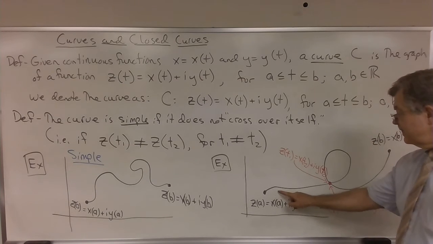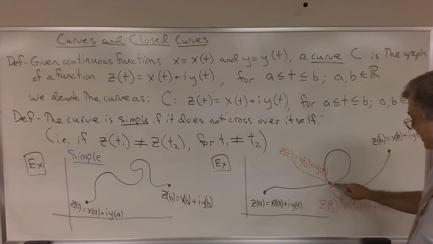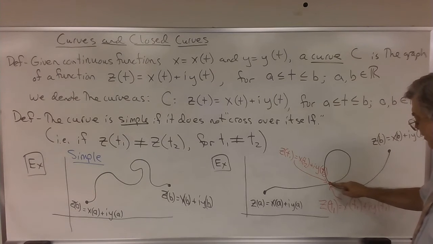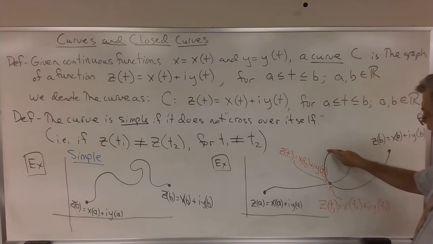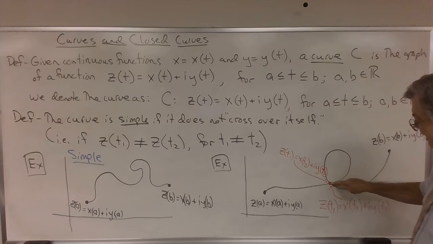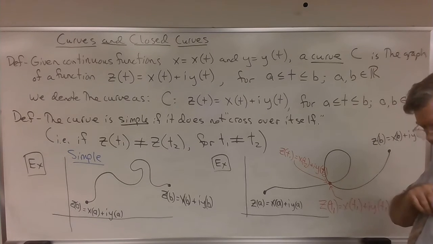Right here, t is increasing, and when t equals t1, the graph hits this point, and as t increases beyond that, the graph keeps going, and it comes back, and it goes through this point again when t is equal to t2.